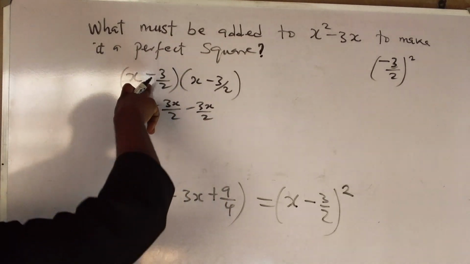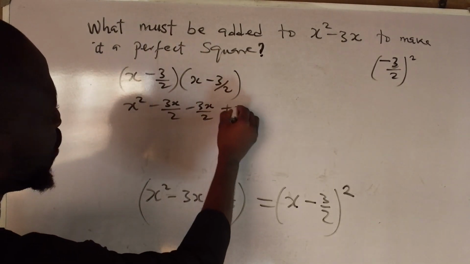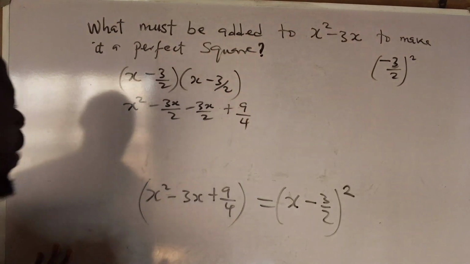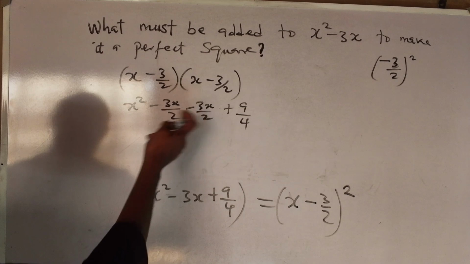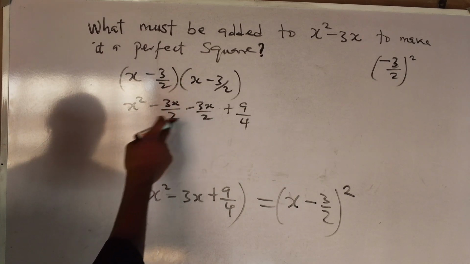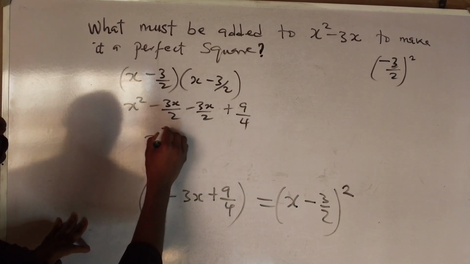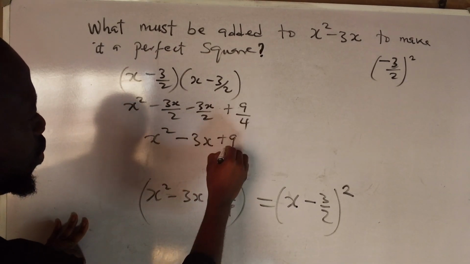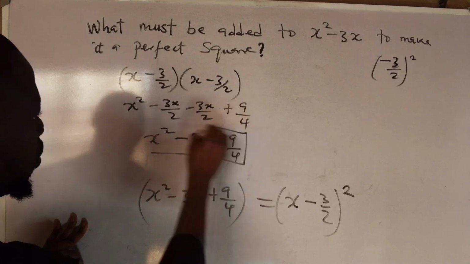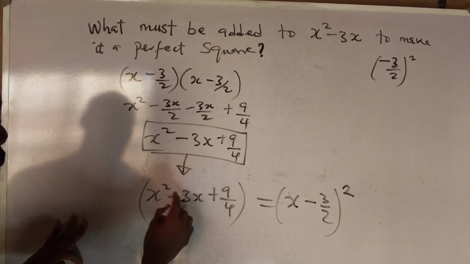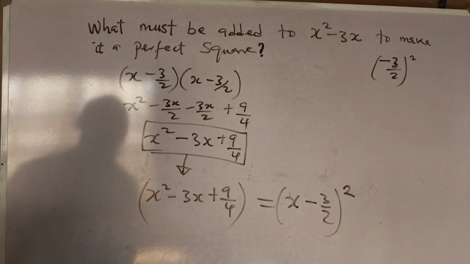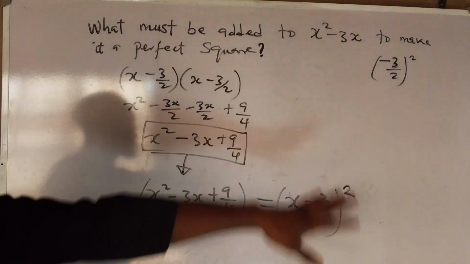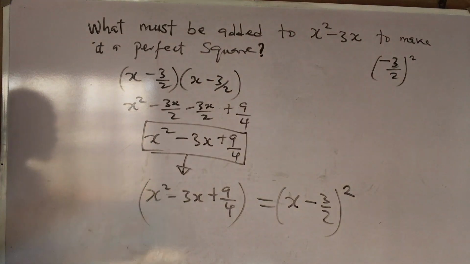Minus 3 over 2 times minus 3 over 2, which is plus 9 over 4. Now, when you solve this, minus 3x over 2 plus minus 3x over 2 will give you x squared minus 3x plus 9 over 4. The same thing. So it means when you had this, it has become a perfect square. You can get the square root and know that you have a perfect square there.